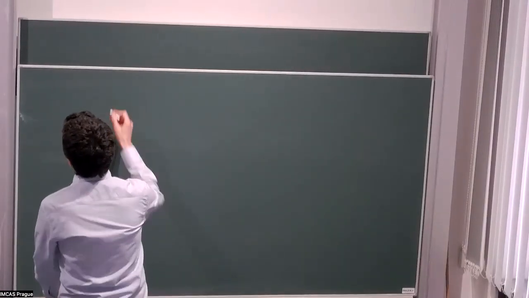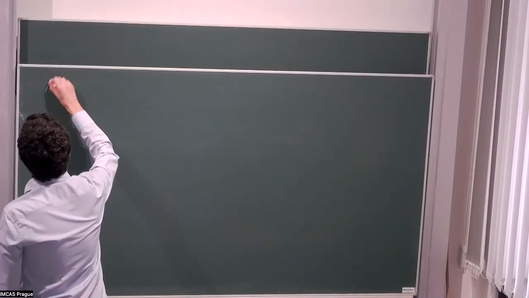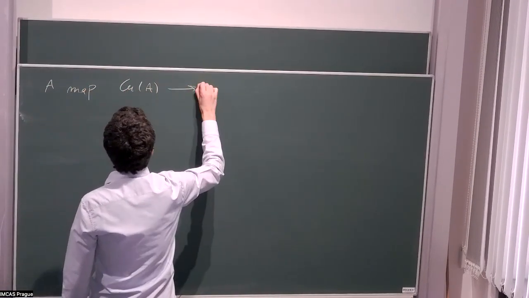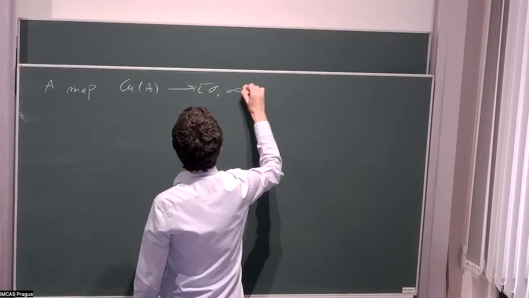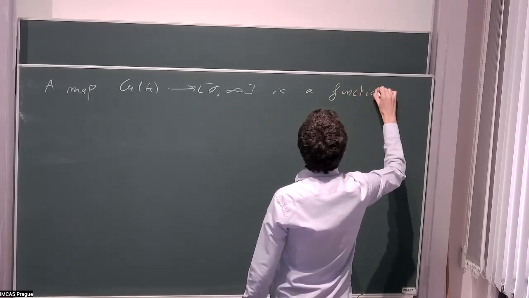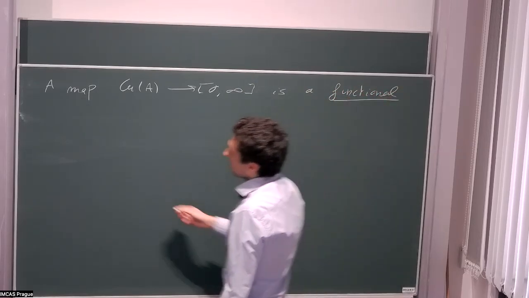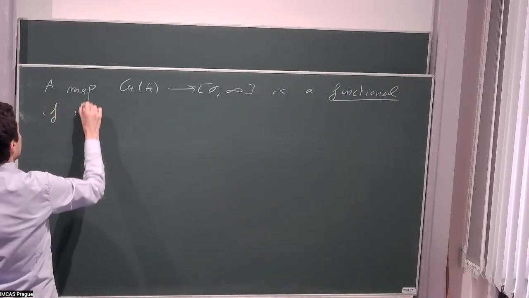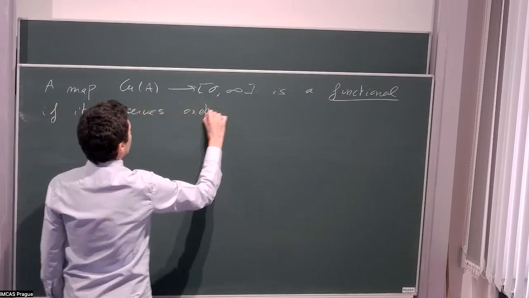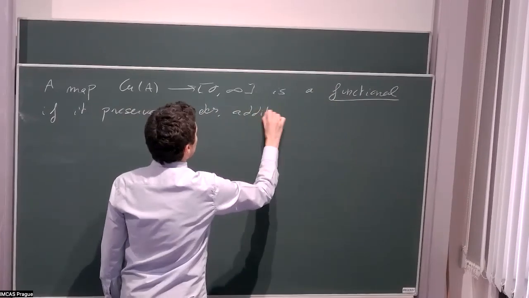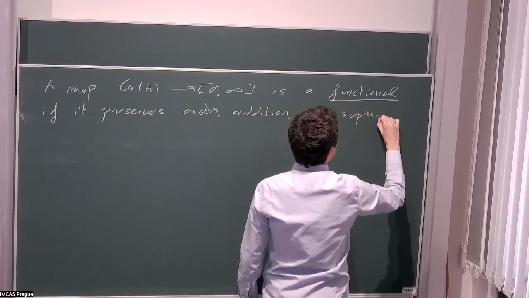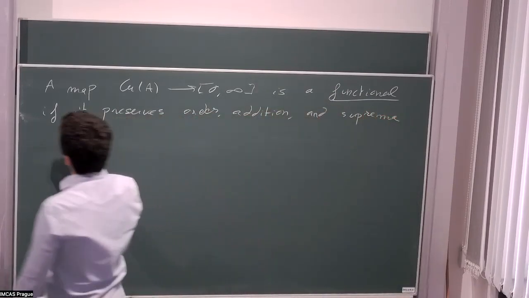So we will say that a map from Cu(A) to [0, infinity] is a functional if it preserves order, addition, and suprema of increasing sequences.